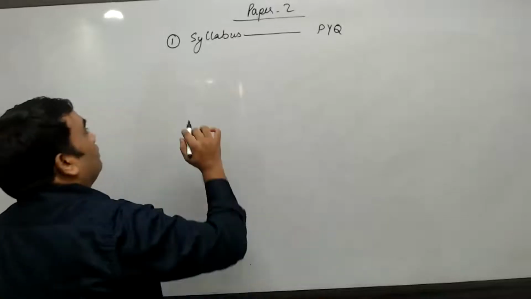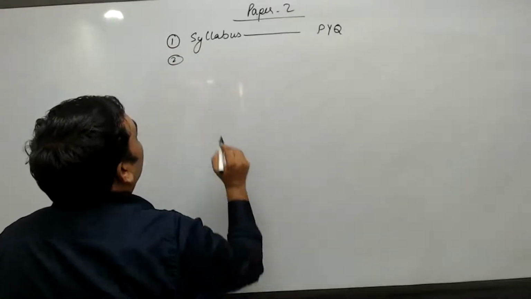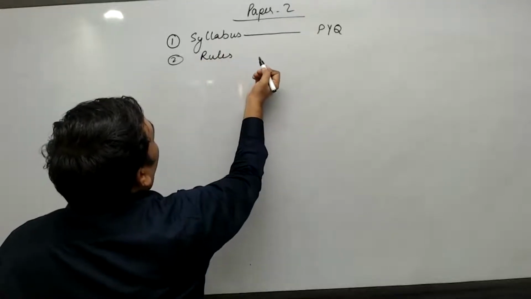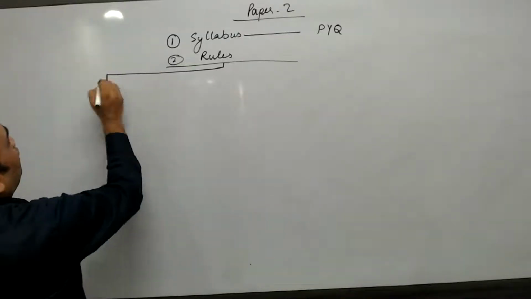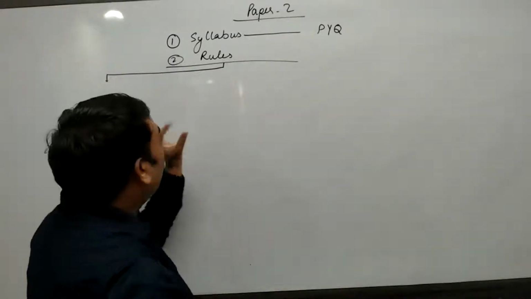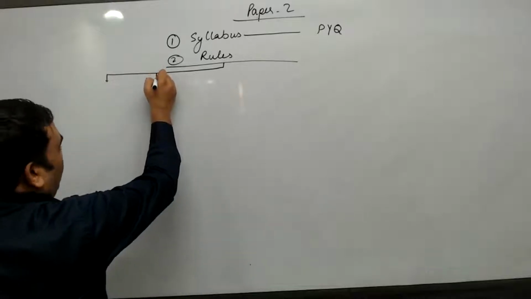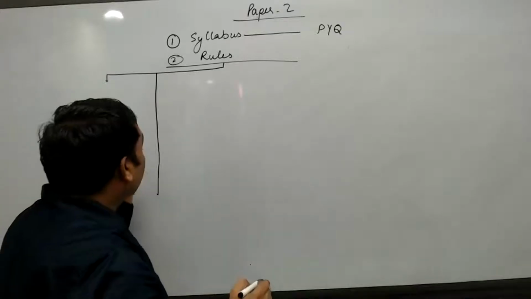And the second thing I explained was certain rules for the preparation of paper 2. In that, I explained that while you are going to prepare paper 2, you must make at least 3 segments.